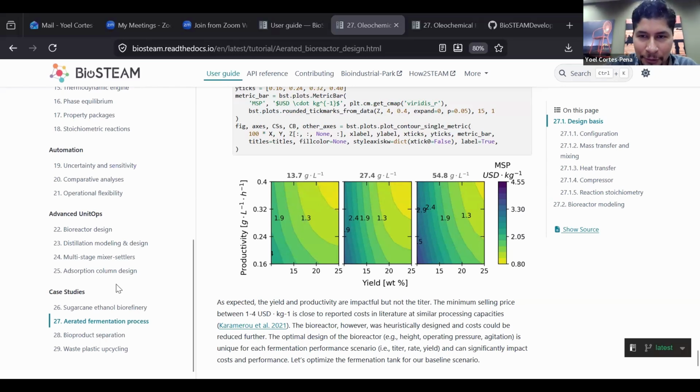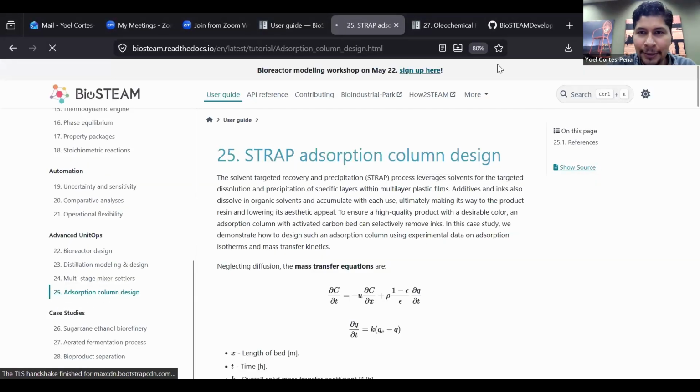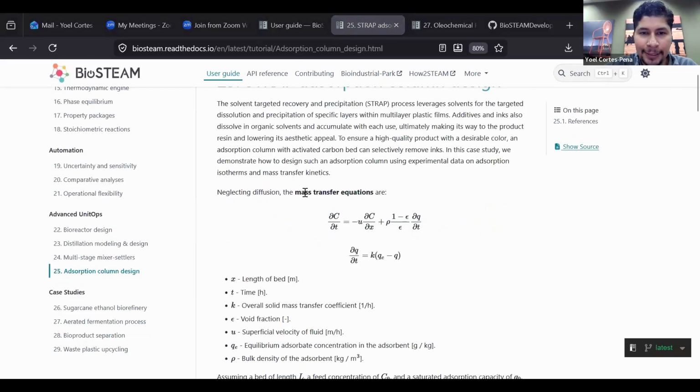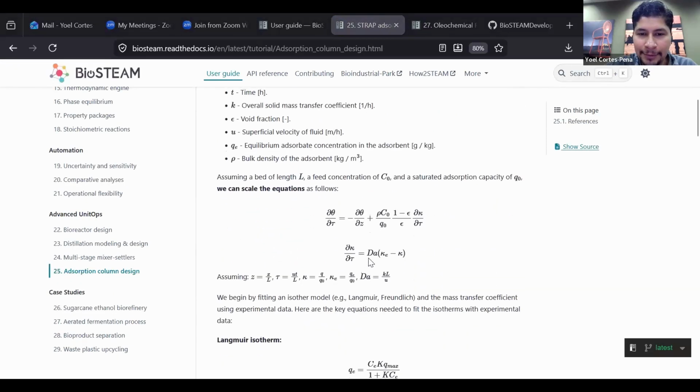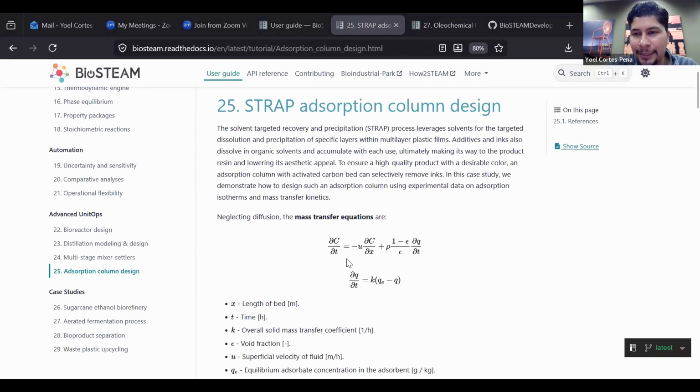Awesome. So for your first question on downstream separation with an adsorption column, here we have a tutorial on the adsorption column. It details the mass transfer equations being used, and specifically this is for adsorption of inks within a solvent for waste plastic dissolution.